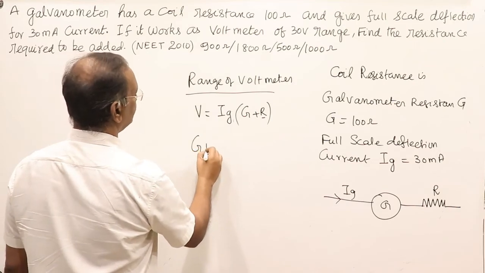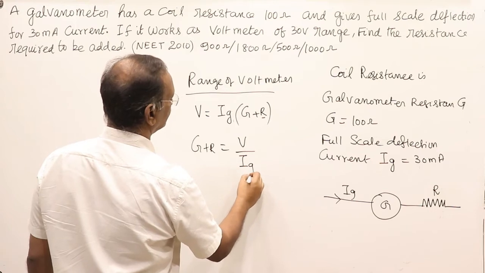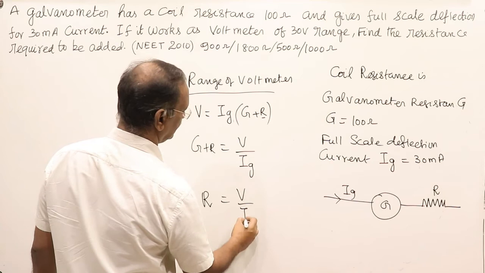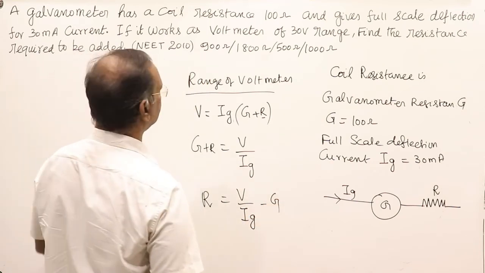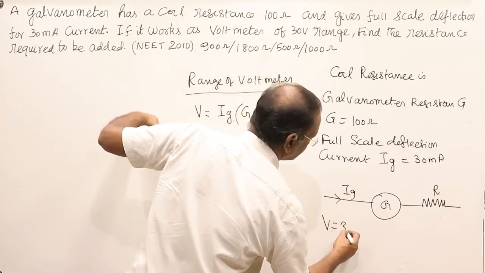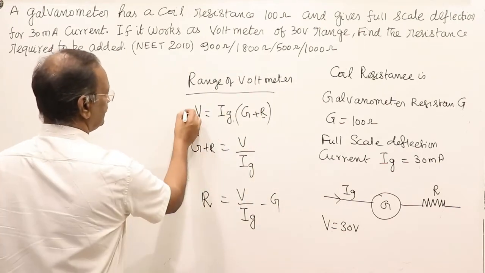So G plus R is equal to V divided by Ig, or R is equal to V divided by Ig minus G. The voltmeter is required to measure a range of 30 volt.